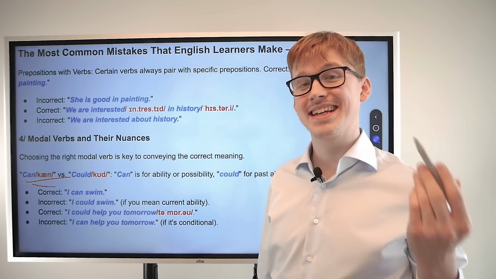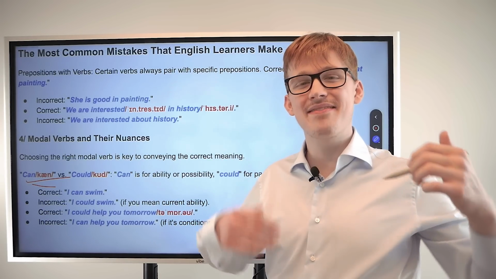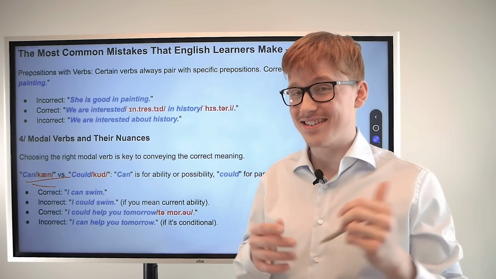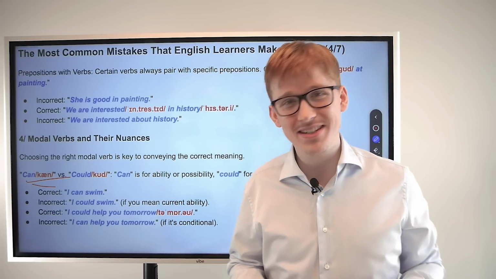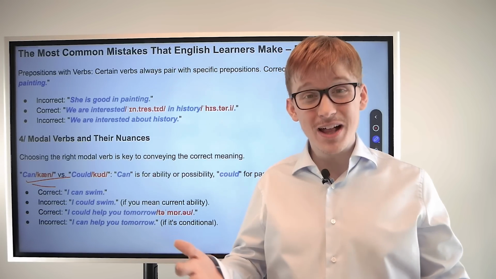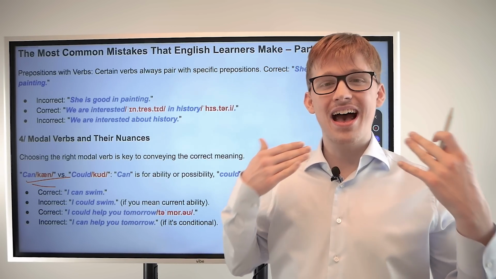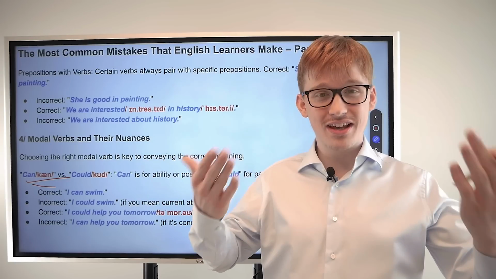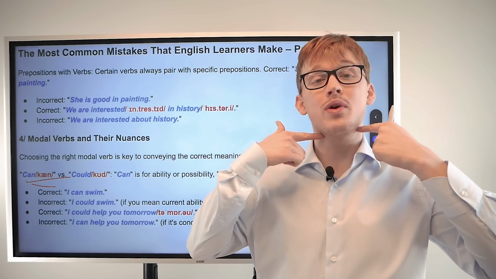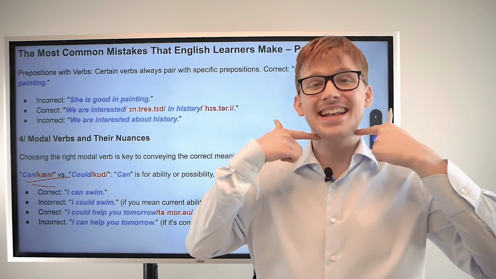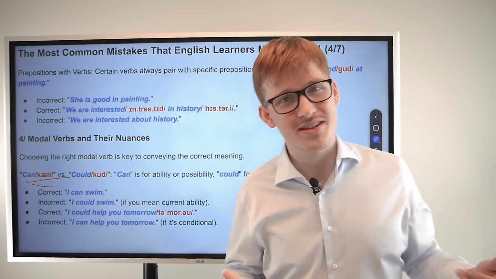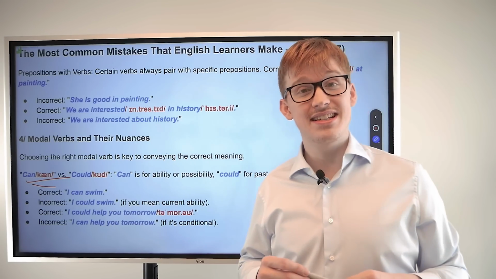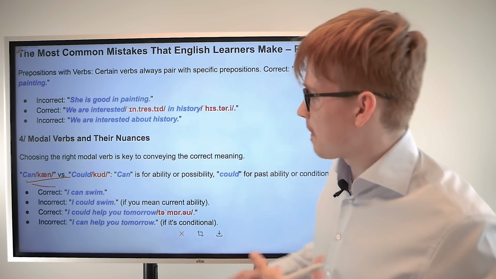One more time. Can. Remember to get that sound in almost the middle of your throat. It's quite a harsh sound, but when we're speaking, this is how we make that noise, you see?